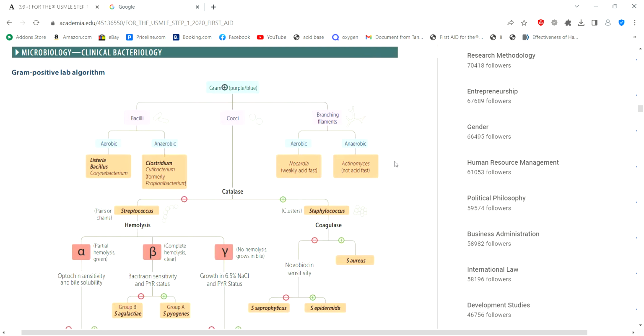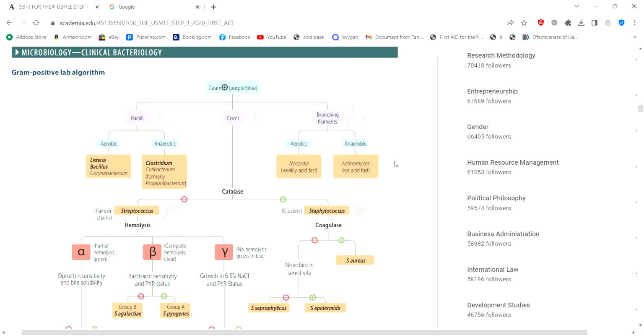Anaerobic bacilli would be Clostridium and Cutibacterium, formerly known as Propionibacterium. All you need to know about that is that Cutibacterium causes acne, and aerobic bacilli need oxygen, and anaerobic do not need oxygen to live.